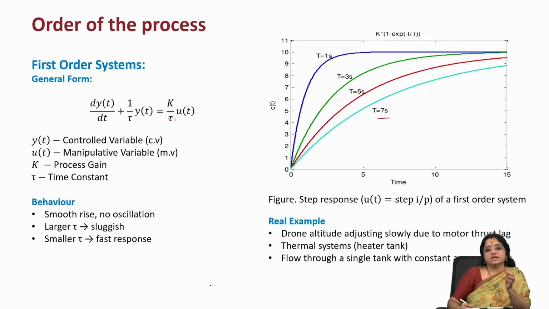Real-time examples of first order systems are drone altitude adjusting slowly due to motor thrust lag, or thermal systems, heater tanks, flow through a single tank with constant regulation. All these can be considered first order systems.